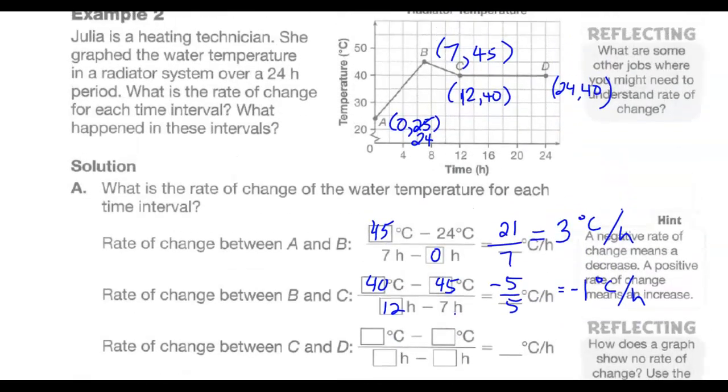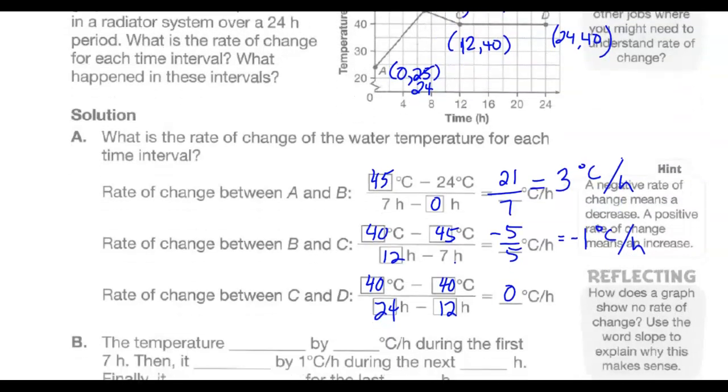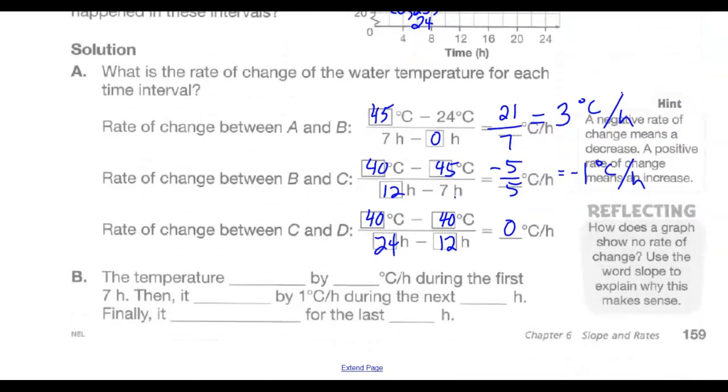And then C and D, Y2 minus Y1 over X2 minus X1. So that's 0. 40 minus 40 is 0. And that makes sense because it's a horizontal line, which we talked about a few sections ago. So the temperature increased. If it's positive, it increased by 3 degrees Celsius per hour during the first 7 hours.